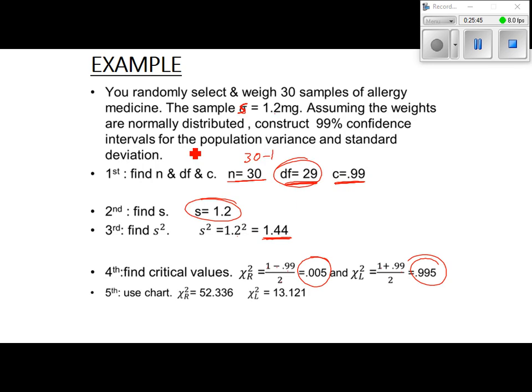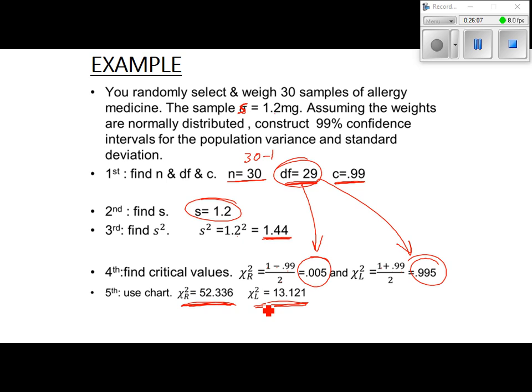Then we grab our chart, and on our chart, we use the DF and this number to find our right critical value, and we use the DF and this number to find our left critical value. If you go on the chart, hopefully you see that the right critical value is that, left critical value is this.